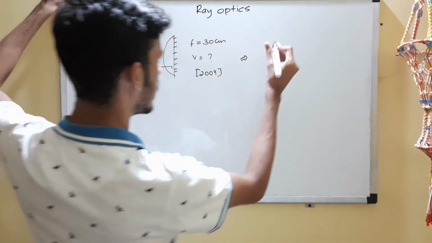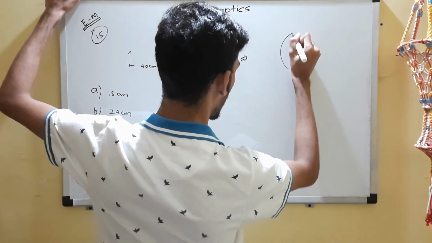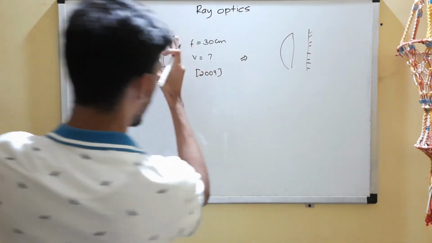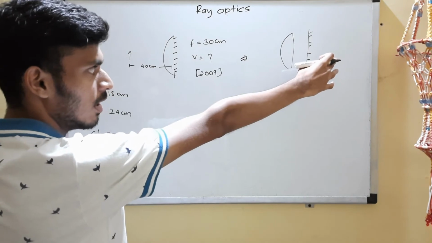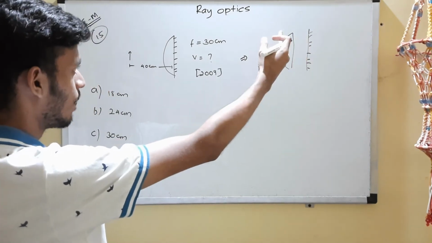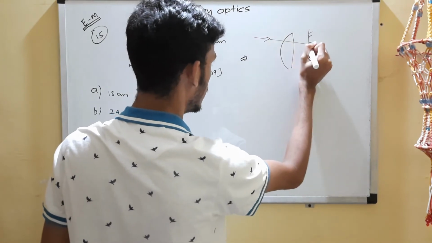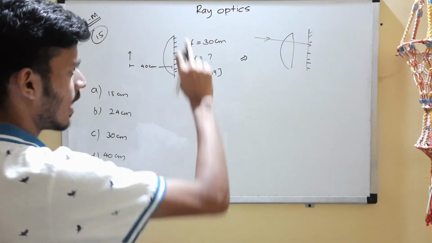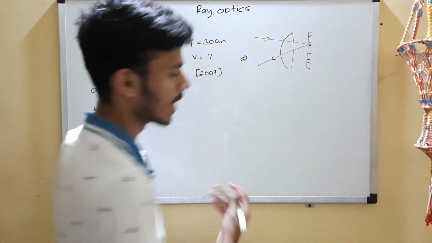If you see, we can break this system down into a plane convex lens and a plane mirror. So now the ray will come from the object, go through this lens and then strike the mirror, and then it will be reflected and again pass through the lens.